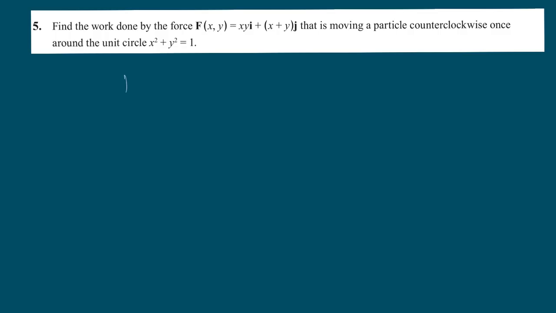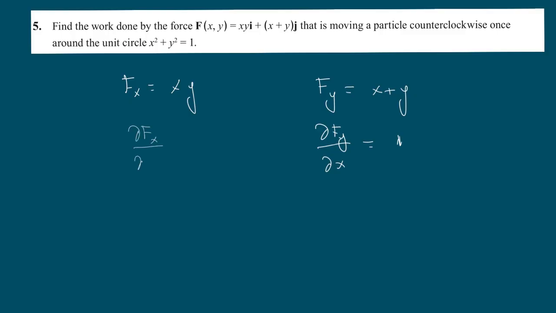So the f sub x is x multiplied by y. The f sub y is x plus y. The partial derivative of f sub x with respect to y is x. The partial derivative of f sub y with respect to x is 1.